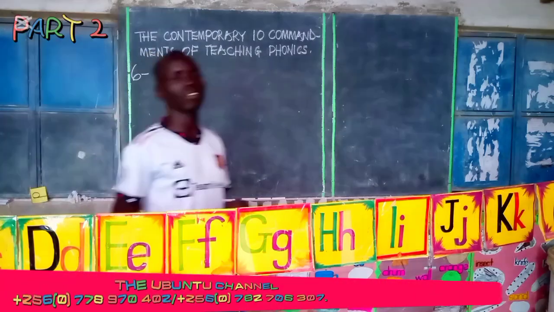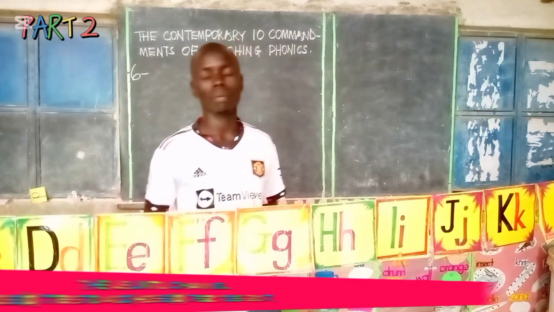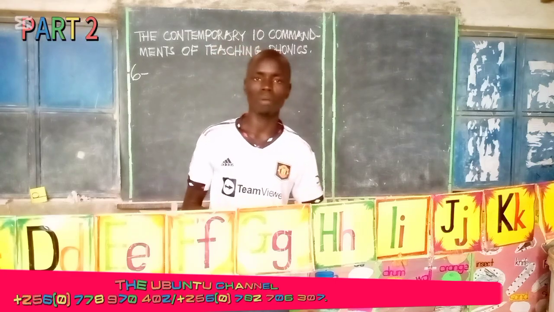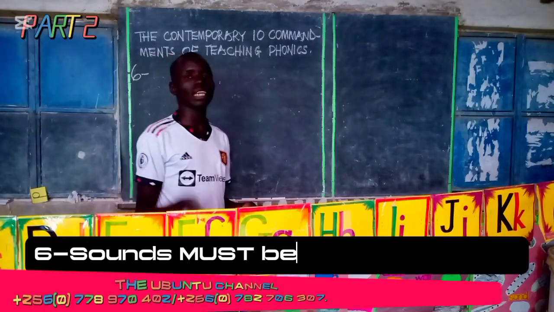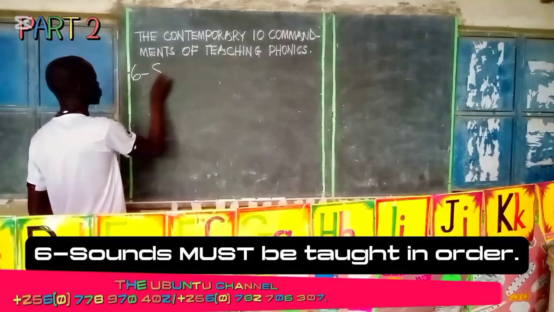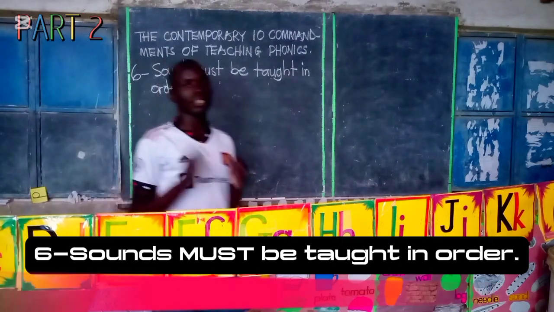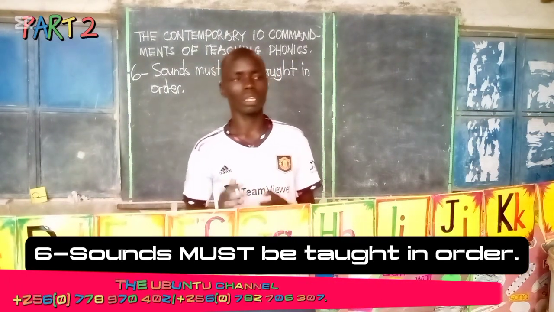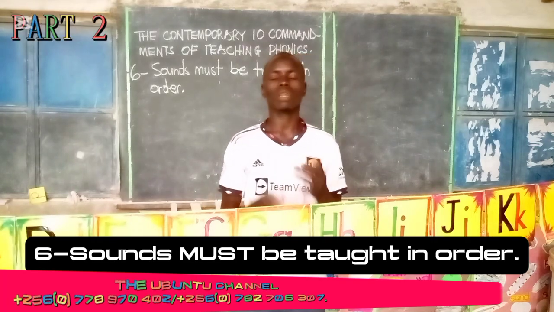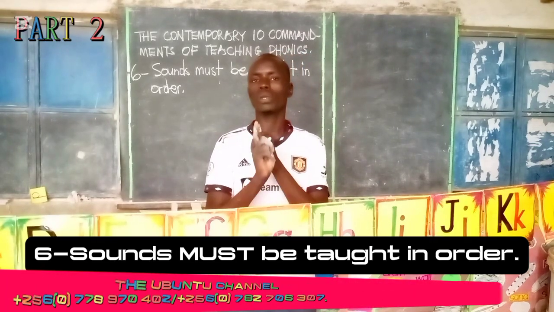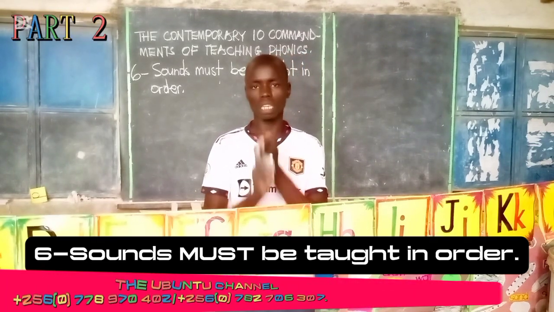When teaching phonics, there are 10 commandments that we are supposed to follow, of which the 6th one says, sounds must be taught in order. When you are teaching set 1 sounds, make sure you teach set 1 sounds in order.